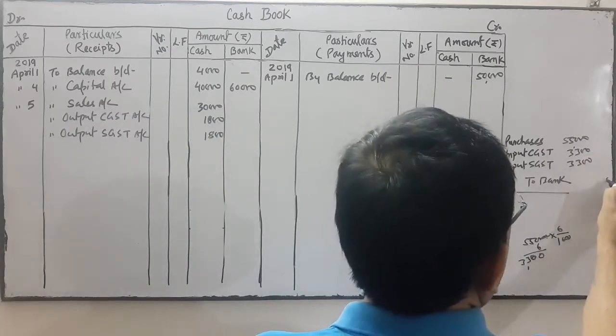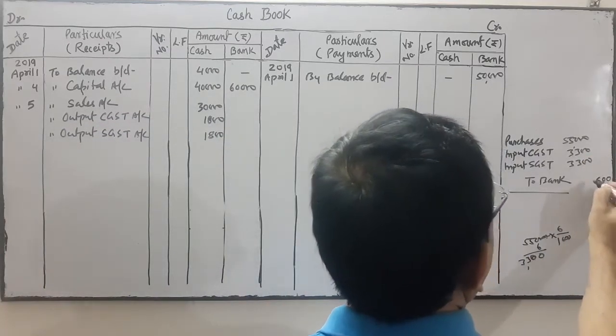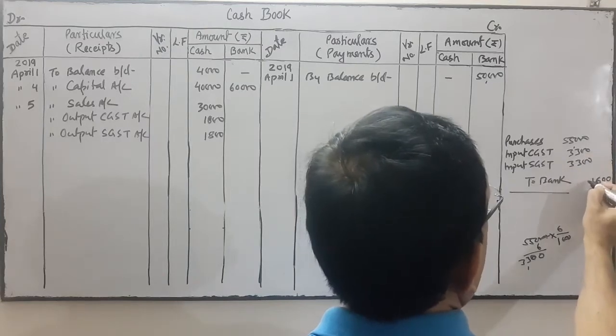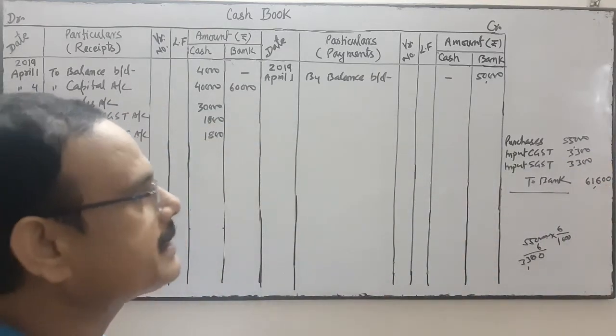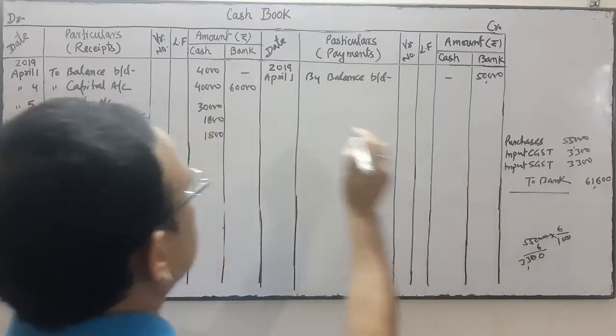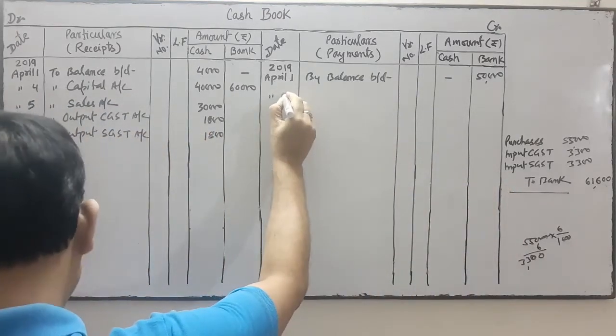So the total amount we will pay is 61,600. So bank is on credit.